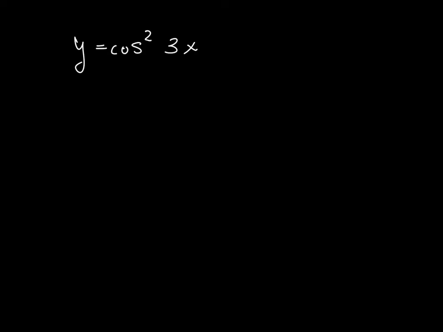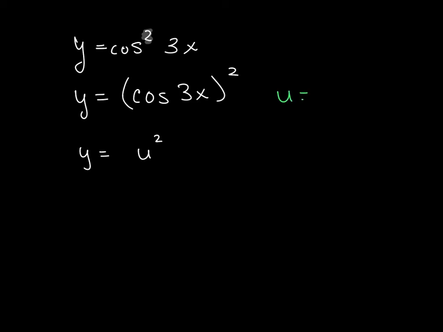Again, remember, whenever you have the exponent around the cosine or any trig function, you can go ahead and rewrite that. And what this really means is that you have the cosine of 3x quantity squared. So this is a case of being able to rewrite this as y is equal to u squared when you can let u equal the cosine of 3x.